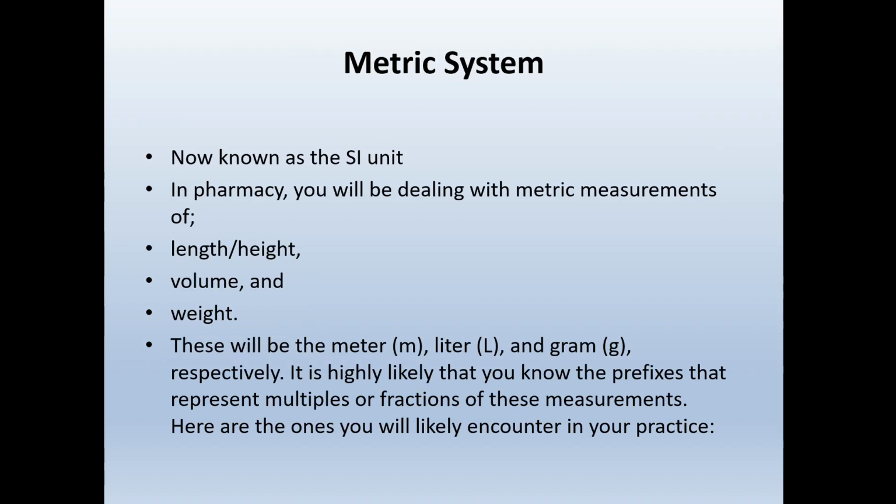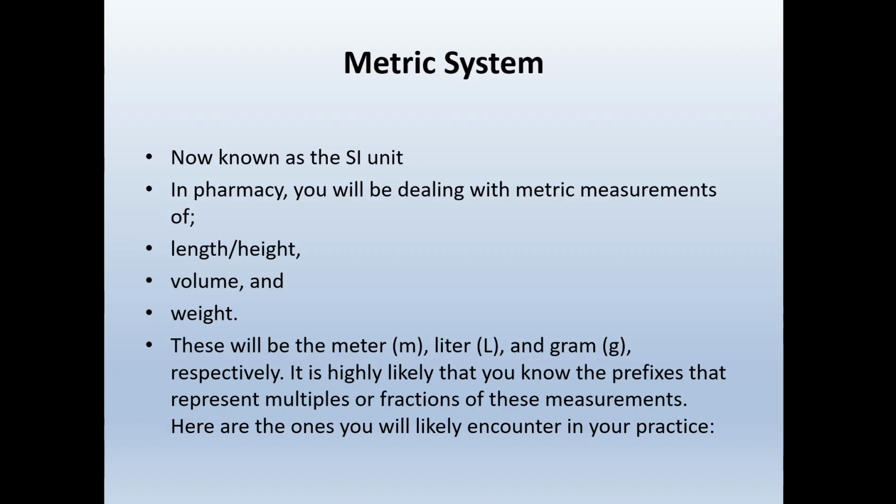Now, the metric system is now known as the SI, System International Unit of Measurement. The metric system is the old name. Now, in pharmacy, you will be dealing with the metric measurements of length/height, volume, and weight.